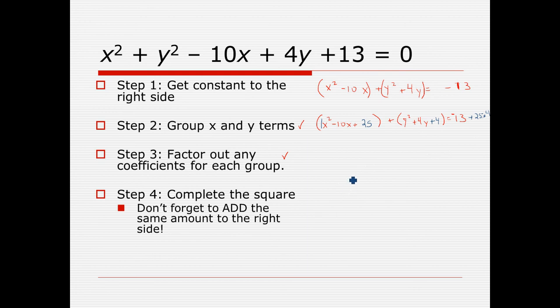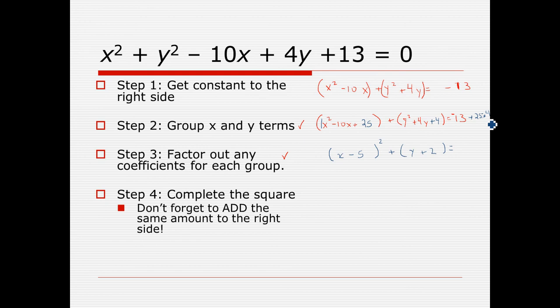Now the whole reason to complete the square was to get 2 groups that are squared. I have now birthed the perfect square trinomial: this is x minus 5 squared, and this is y plus 2 squared. Guess what negative 13 plus 25 plus 4 is?